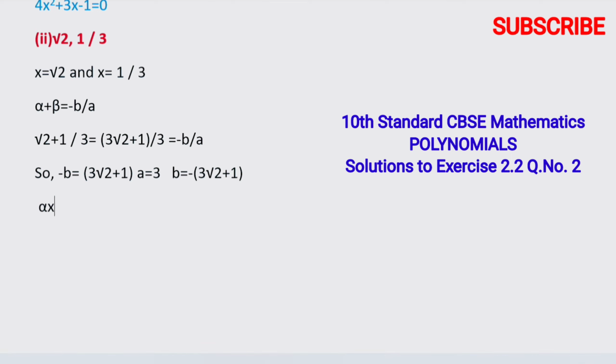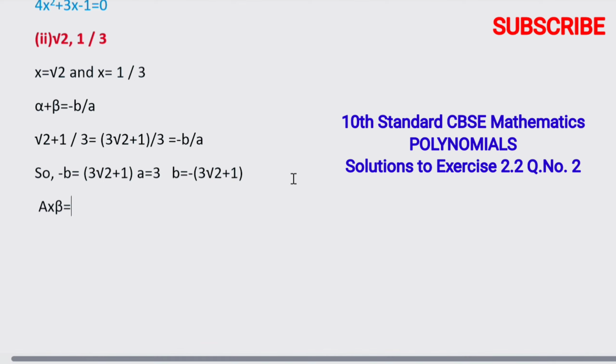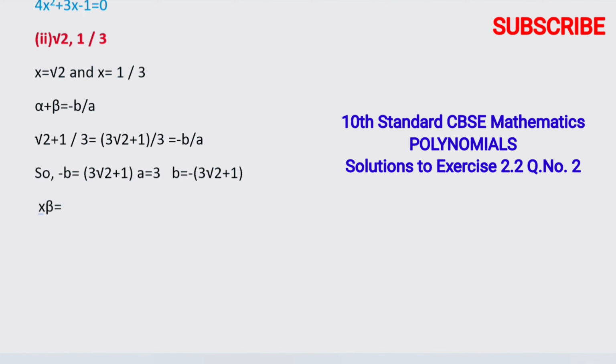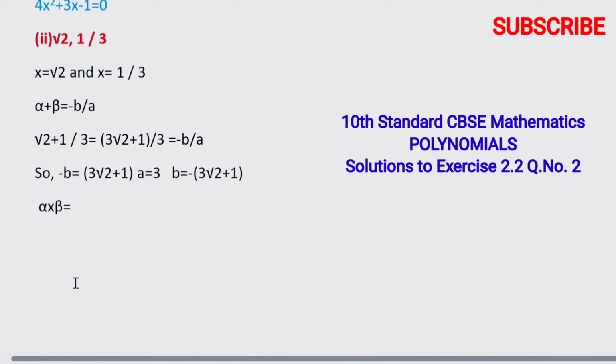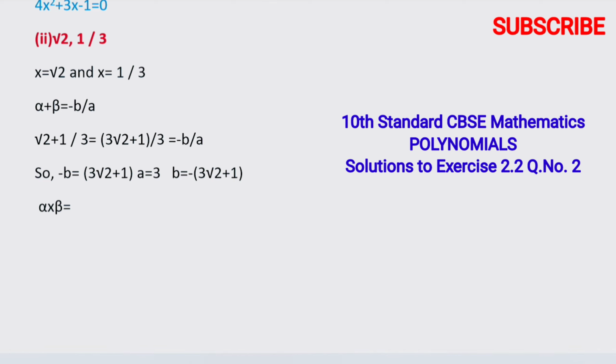Alpha into beta equals square root of 2 into 1 by 3.